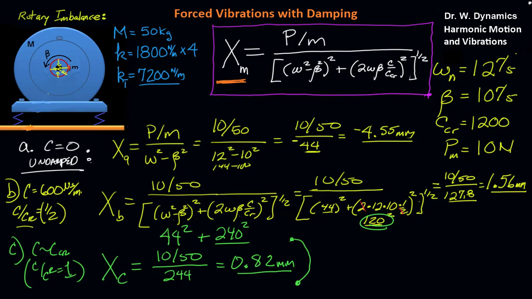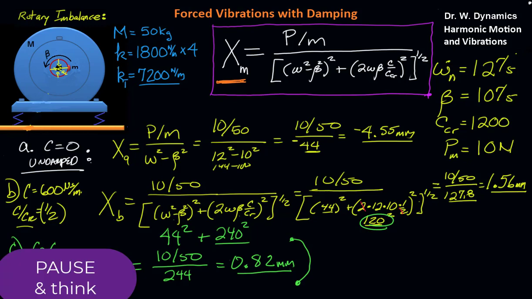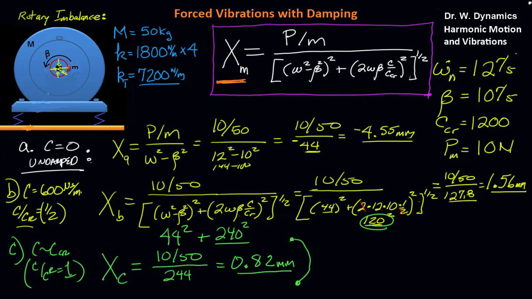Now, if none of these solutions were adequate, what else do you think we could do to reduce the steady state amplitude for this system? Well, one thing would be to look at this beta, the rate that the motor is running. We want this to rotate faster, turn up the value for beta, or lower it.